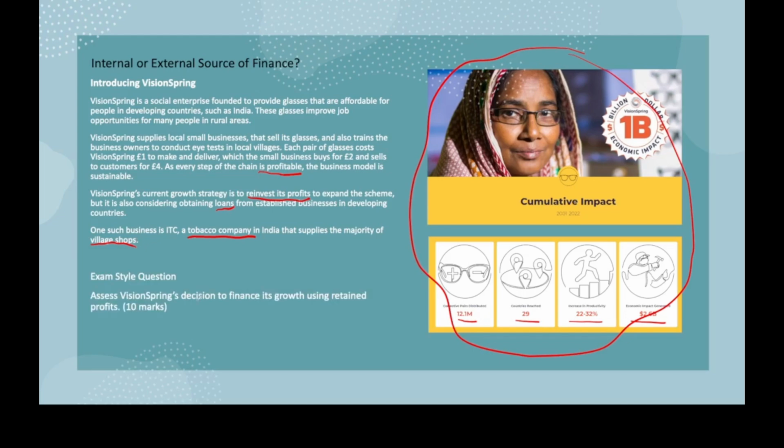So assess VisionSpring's decision. Okay, so we need to assess their decision to finance its growth using retained profits. Okay, so when we're assessing this decision, they are doing it already. So you cannot answer this overall, I recommend. Yeah, so it's really important that we read the question properly, and we see this often.